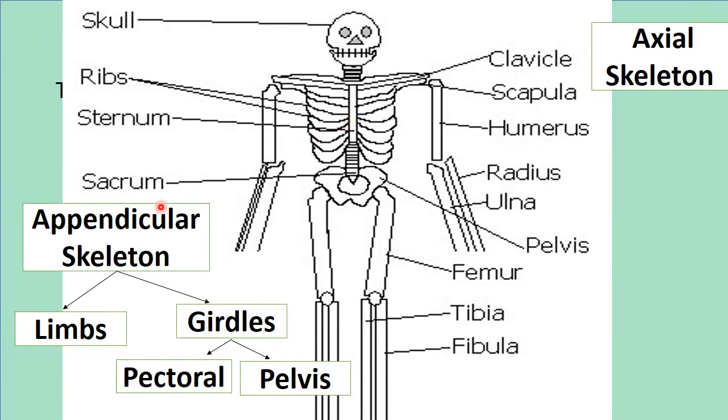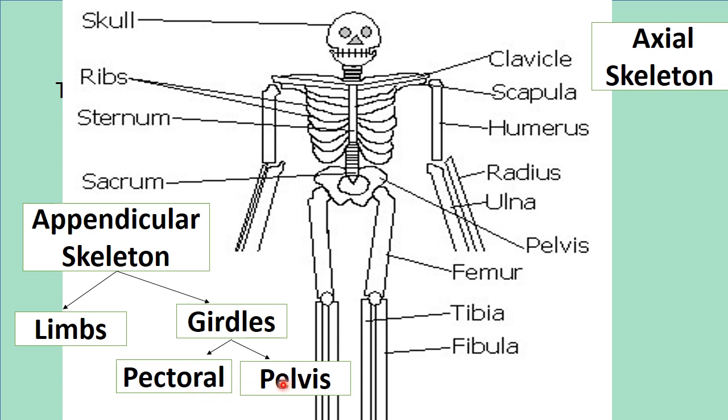Just a recap: on the appendicular skeleton, we can divide the bones into two. They are limbs and girdles. Girdles attach the limbs to the exoskeleton. Girdles are two in type, pelvic and pectoral.